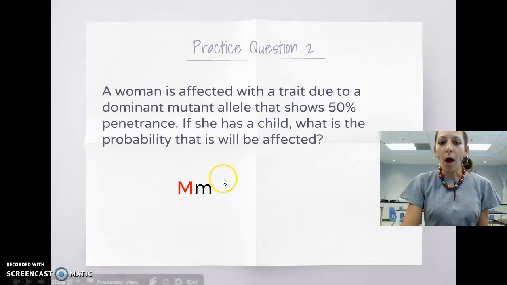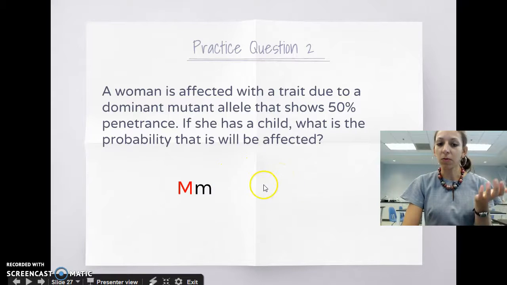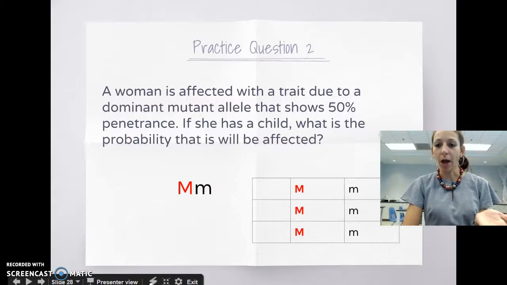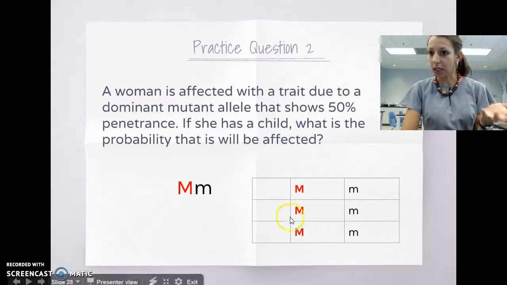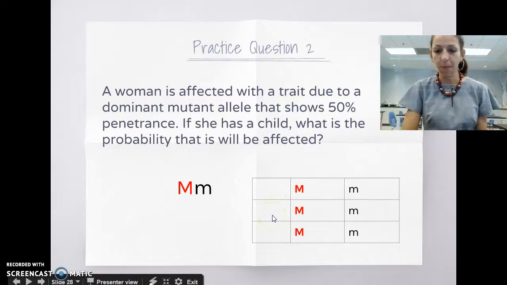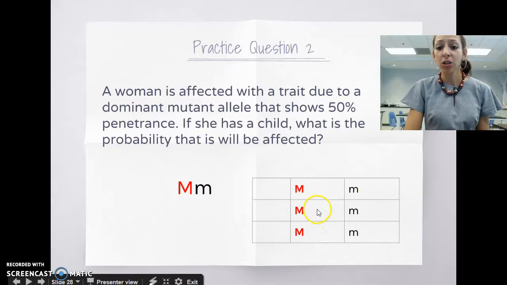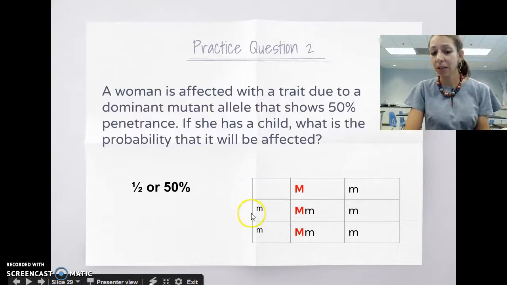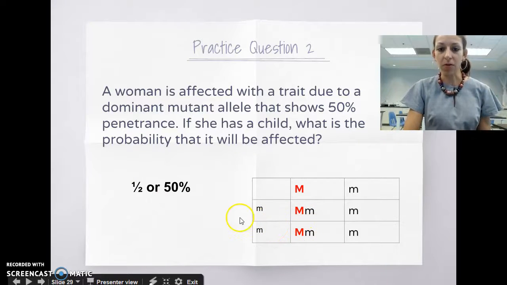If we want to see the percentage of the child being affected, we first have to figure out what percentage the child has of actually getting this allele. So we're going to ignore the other parent for now because we don't know what their genotype is. But if we're just looking at the mom, she could have a 50% chance of giving this dominant mutant allele to her children. Now we could fill in with a homozygous recessive or whatever you want to see the difference, but there's still going to be a 50% chance that her particular offspring will get the dominant mutant allele.